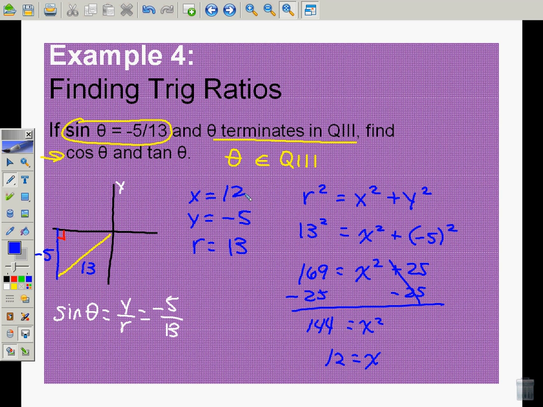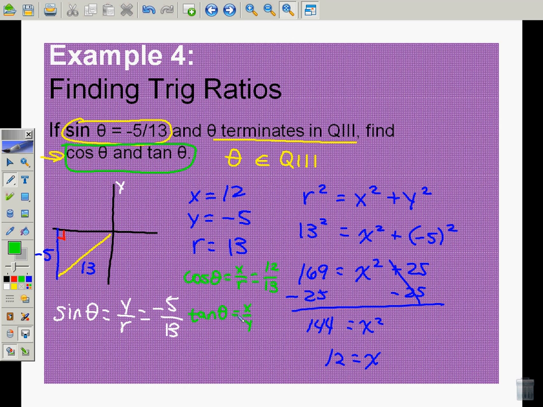Well, what does that do for me? That really helps me to break through, because now I can find cosine and tangent. Because I remember that cosine of theta is equal to x over r, which is 12 over 13. And the tangent of theta is x over y.